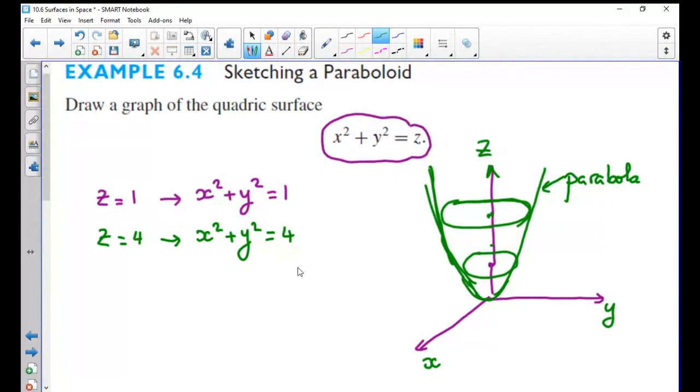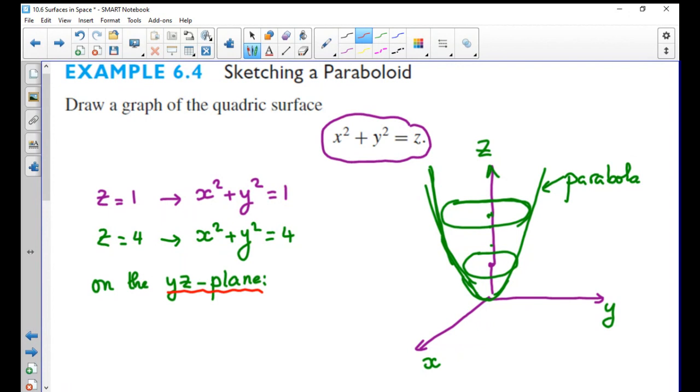Also, you can see that, for example, on the YZ plane, if I want to know the intersection of this surface with the YZ plane, that means what?